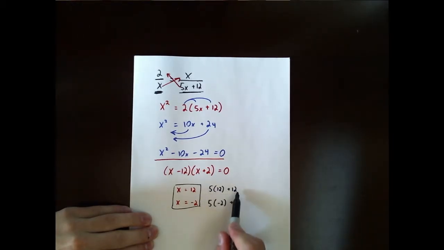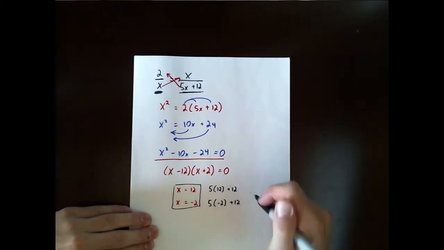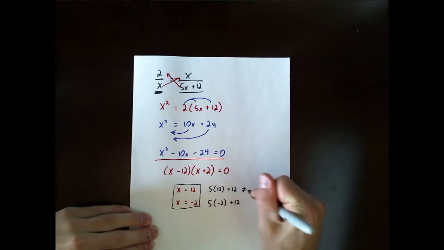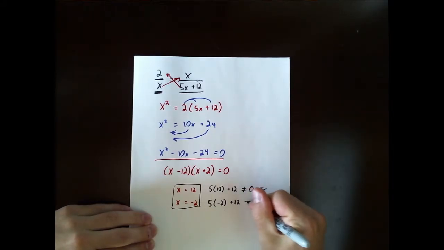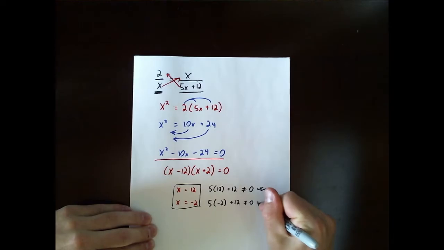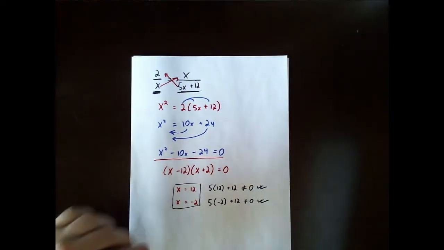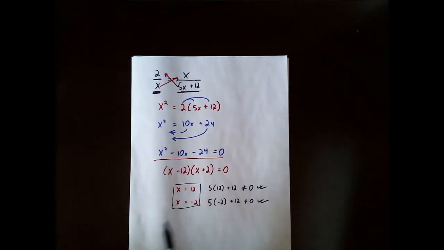So 5 times 12 plus 12, I can't do that in my head, but I can definitely tell you that it's not equal to 0. So looks like this is going to be a solution. And 5 times negative 2 plus 12 is also not equal to 0. So we have no zeros in our denominators, so both of these are solutions.